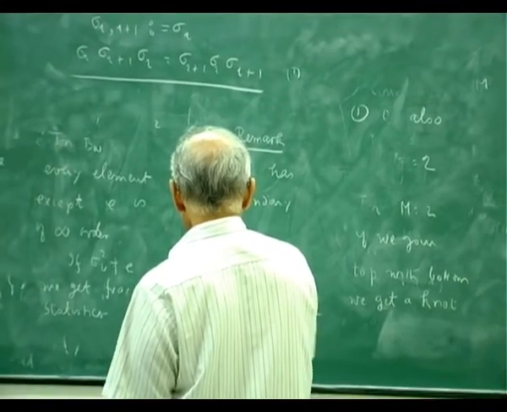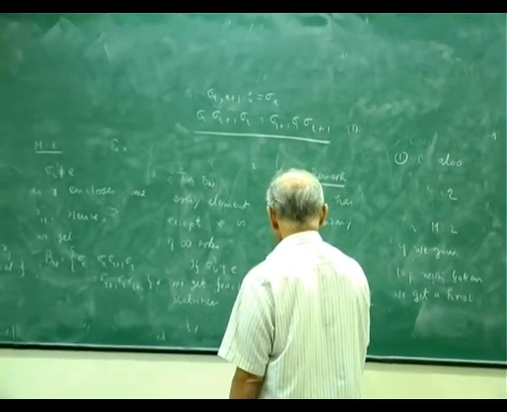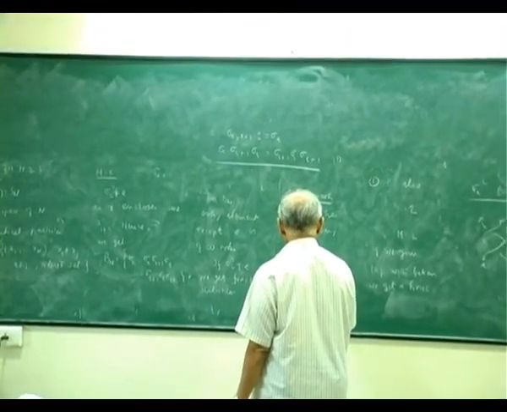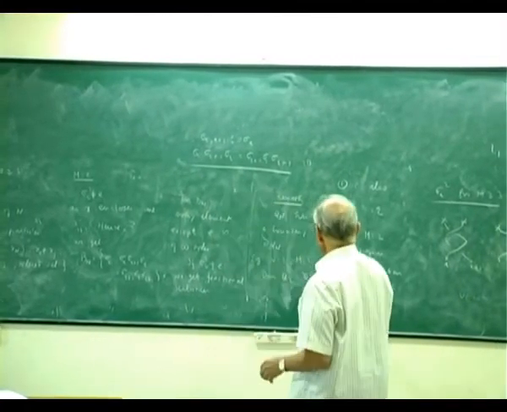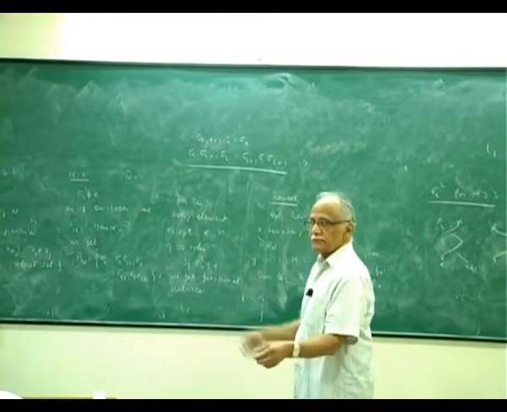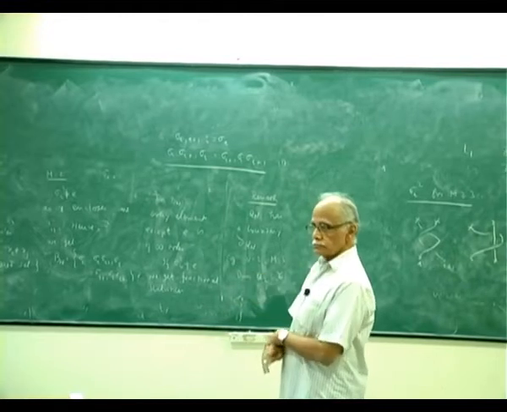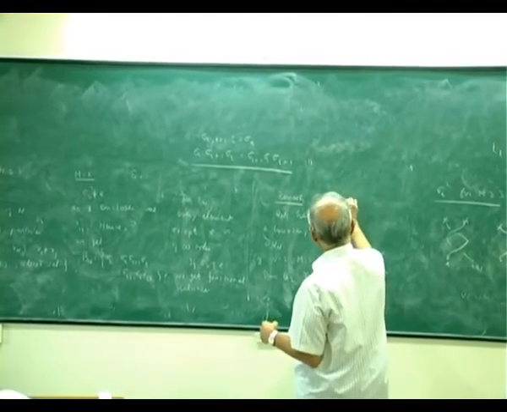I am removing the diagonals, no? So what is the dimension of Q2? It is 6. Two identical particles, just 3 coordinates for each. What is dQ2?